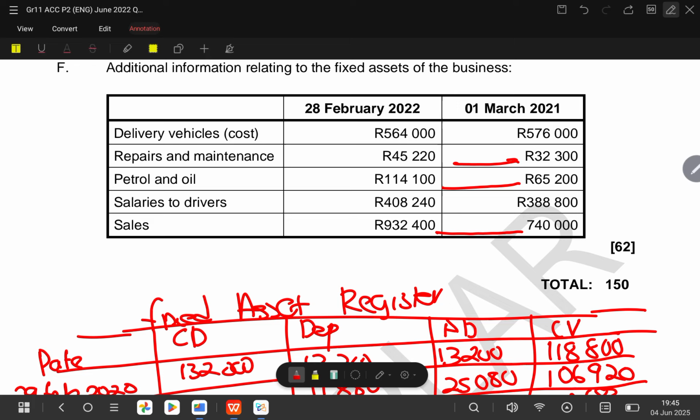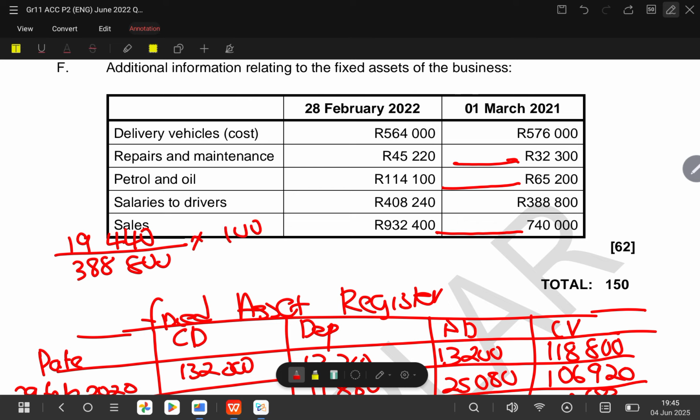408,240 minus 388,800 gives us 19,440. So then 19,440, you divide it by, remember it's the difference over previous, right? So you divide it by 388,800, then you multiply by 100.